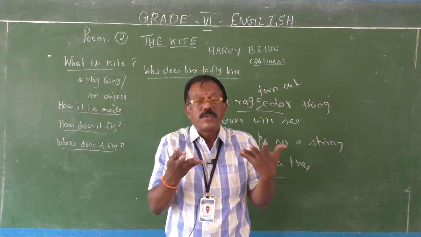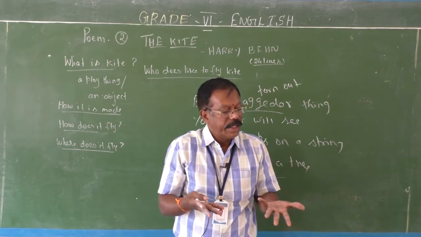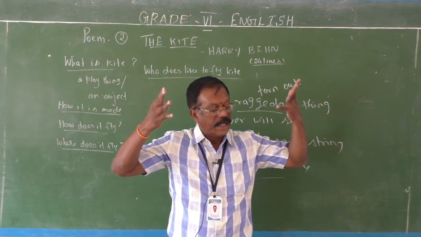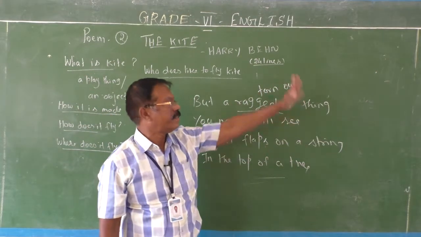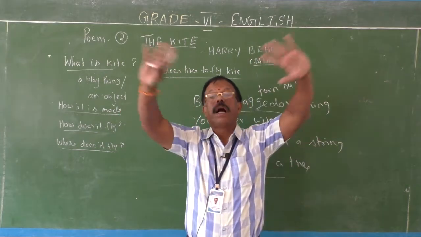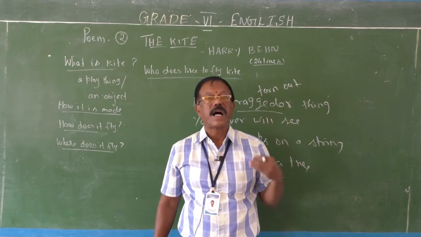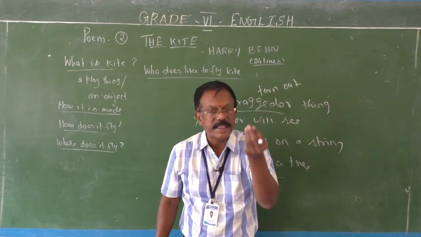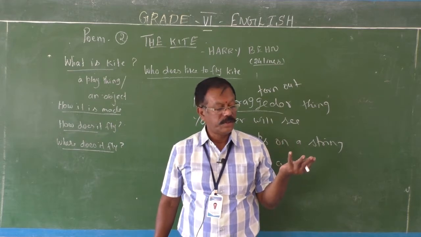Now how does it look? Once it looked so bright, now it appears so ugly. You never will see such a torn out kite. It appears ugly when it is torn out. It looks dirty and unattractive.